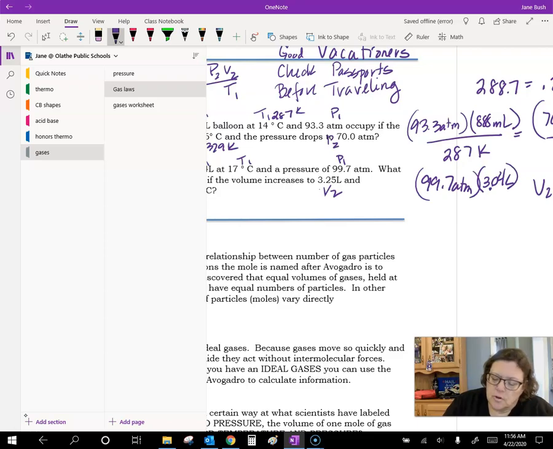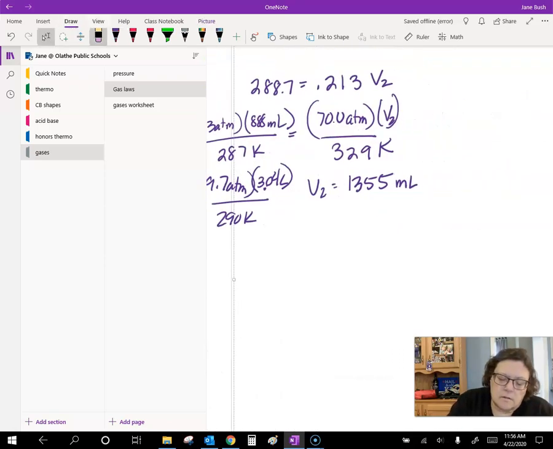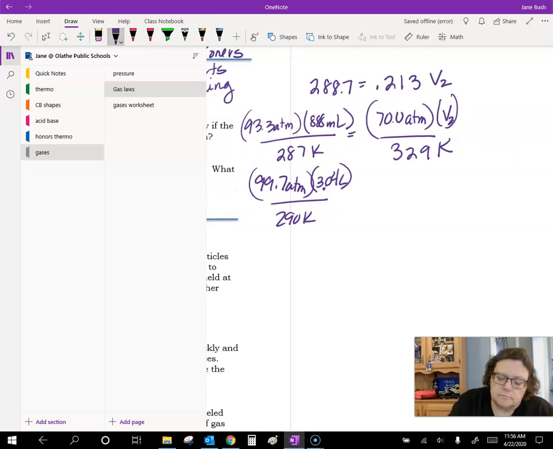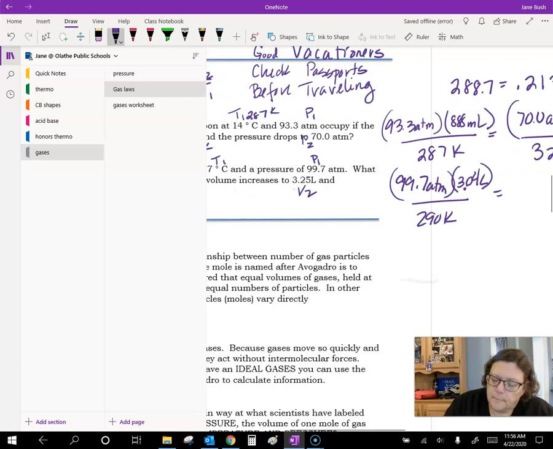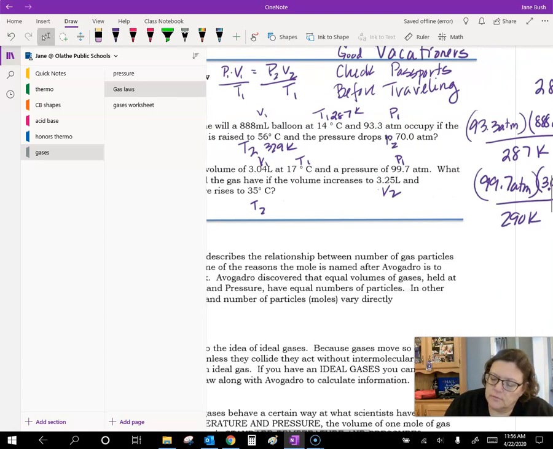And temperature 1 is 17 plus 273, 290. Pressure 2 is what we're solving for.